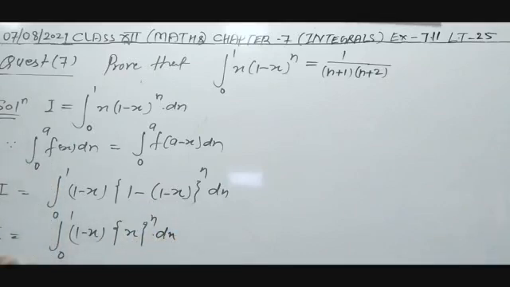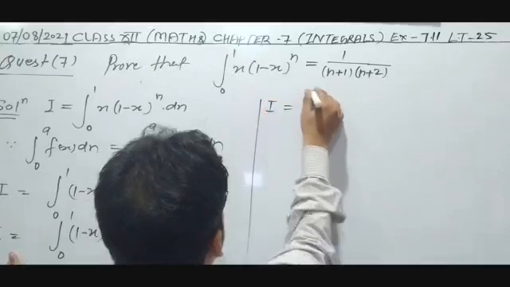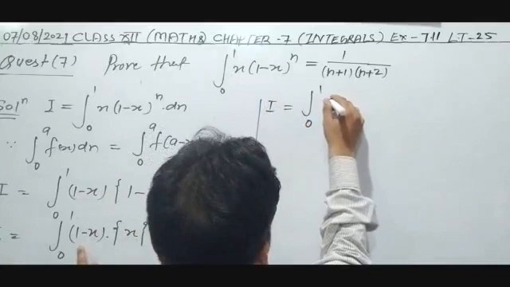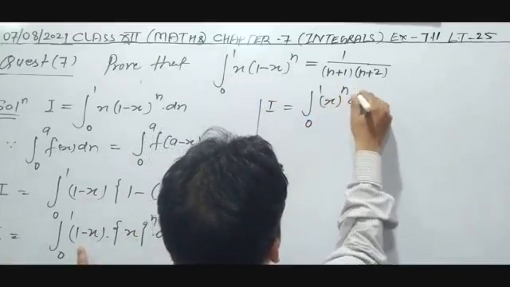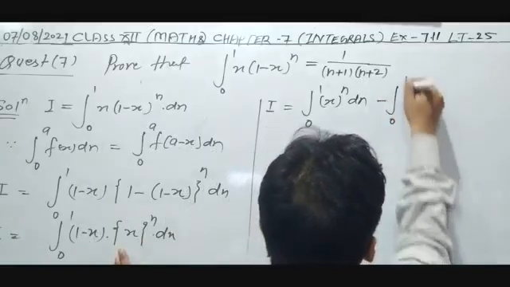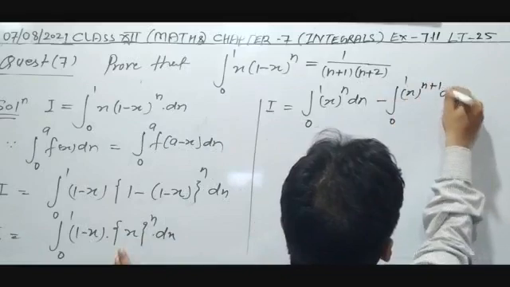And now you can multiply this bracket, so result will be, see, I is equal to integration over 0 to 1 x to the power n dx minus integration over 0 to 1 x to the power n plus 1 dx.